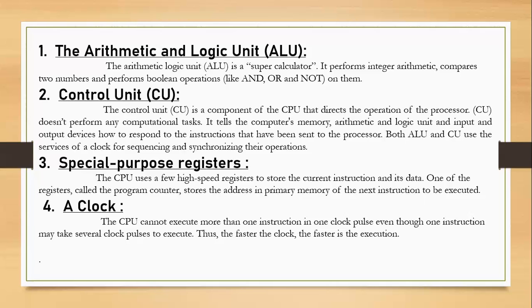It tells the computer's memory, arithmetic and logic unit, and input-output devices how to respond to the instructions that have been sent to the processor. It controls and coordinates the activities taking place within the CPU, but it does not perform any computations by itself.